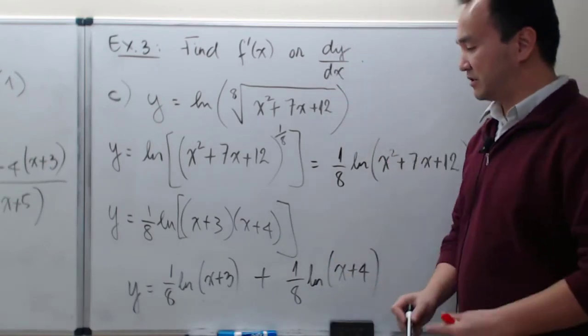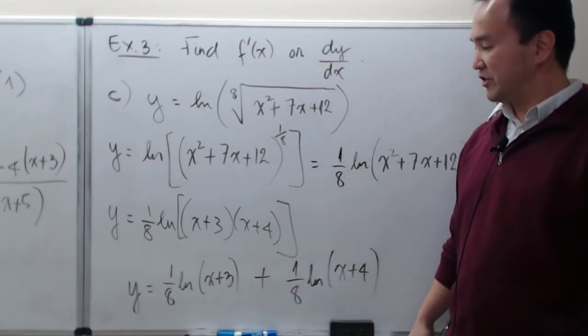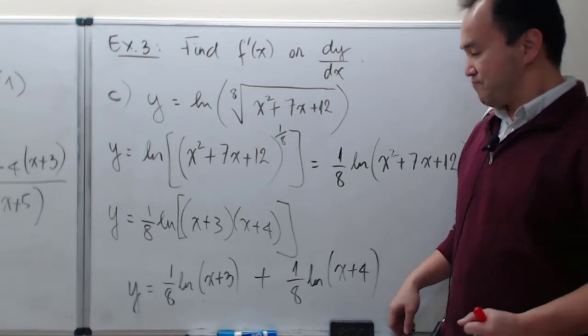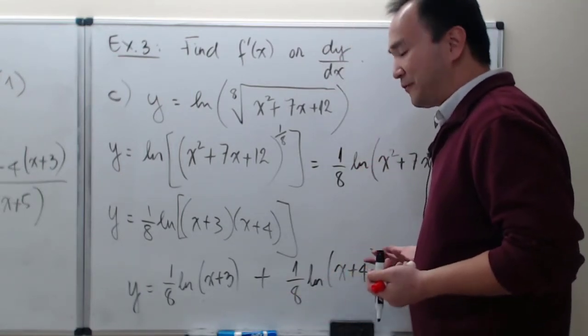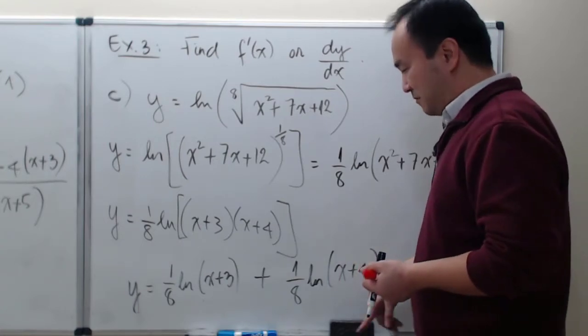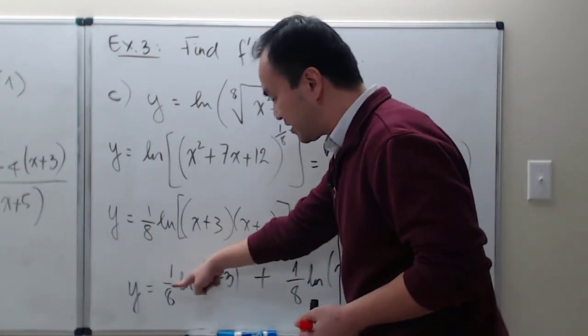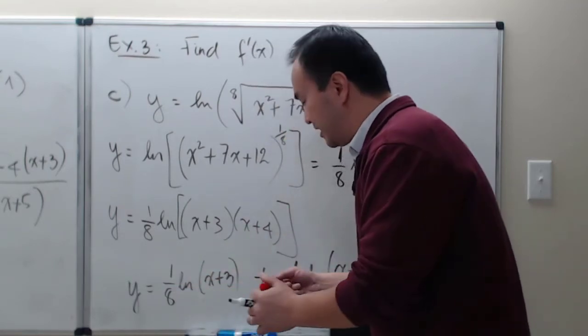So now taking the derivative term by term is a lot easier. Since we have seen this kind of action quite a few times, allow me to speed up the process a little bit. I'm going to take the derivative of the first term here. The outside is the natural log, and the inside is here.